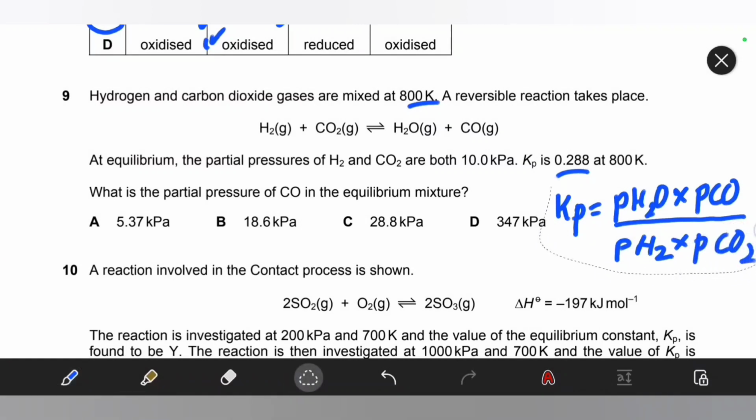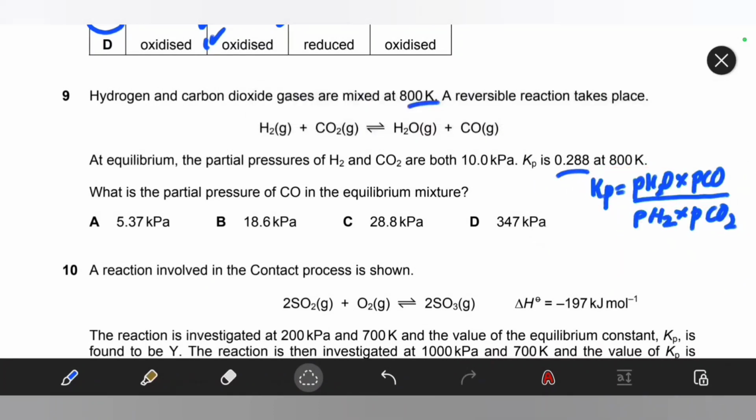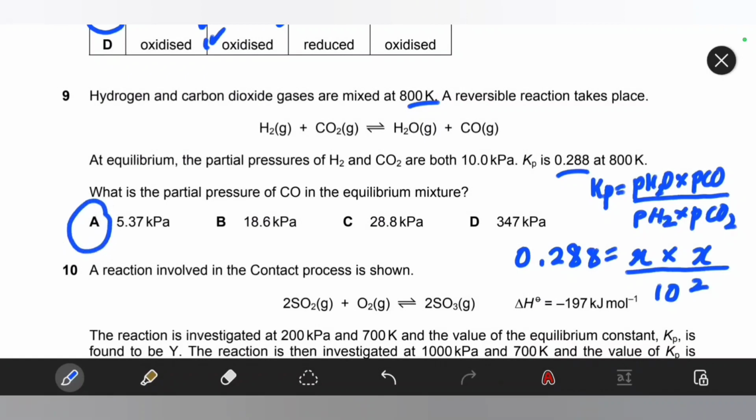Now you can substitute the values. Kp is given as 0.288, equal to, you can take the partial pressure of H2O and CO as x, so x times x over the partial pressures of H2 and CO2, which are both the same, so 10 squared. Now solving this, you're going to get an answer of 5.37 kilopascals.